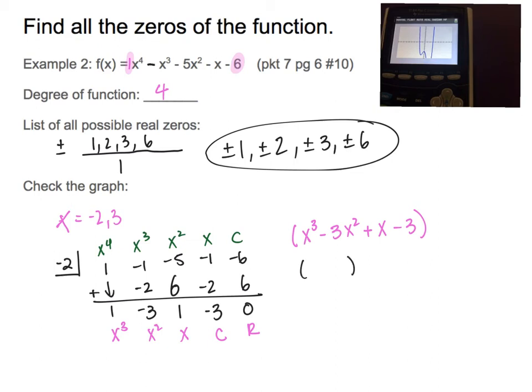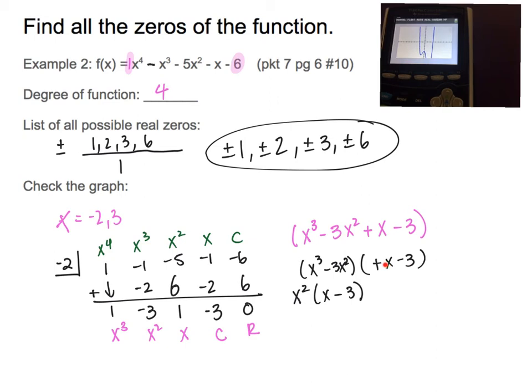So I would use grouping. I can take out x squared, which leaves behind x and minus 3. For this one here, there's nothing in common with this term and this term, so I'm going to just leave it the way it is.